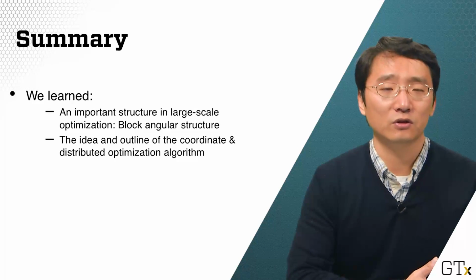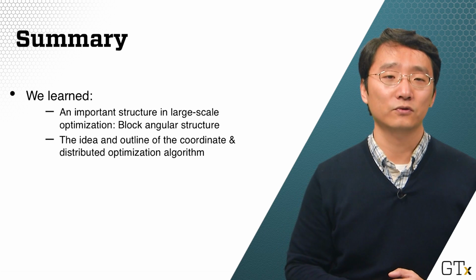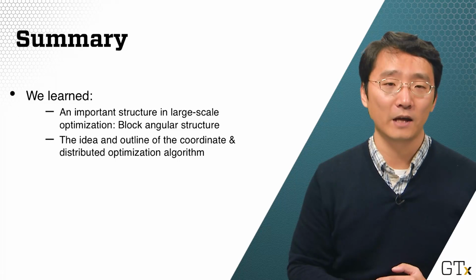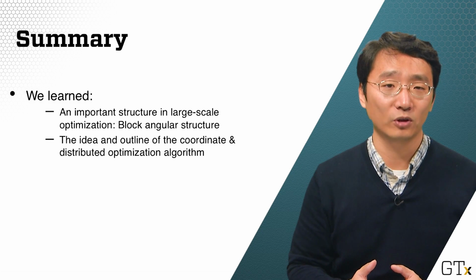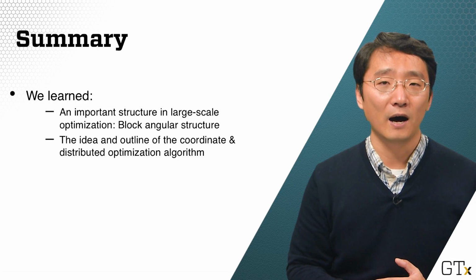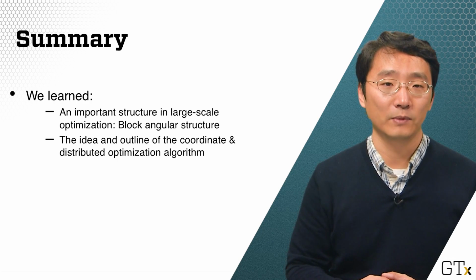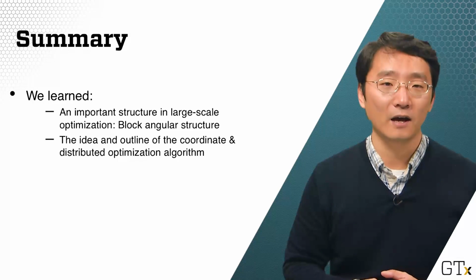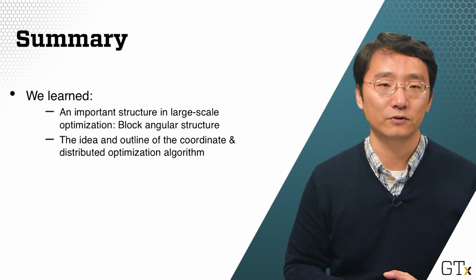In the next lecture, we're going to go into details to describe an algorithm that can deal with this kind of block angular structure. The algorithm is actually implementing the coordination and distributed optimization, although at first it's hard to see, as we will introduce next lecture.